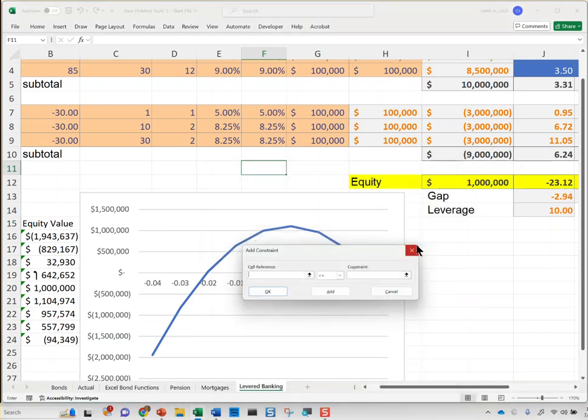And I'm also going to add a constraint that equity is equal to $1 million, or I can set a constraint that liabilities are equal to negative $9 million. So either one works. So I'll say equity, or I can also say that leverage is equal to 10. All those work. But we'll just say that equity is equal to 1 million.